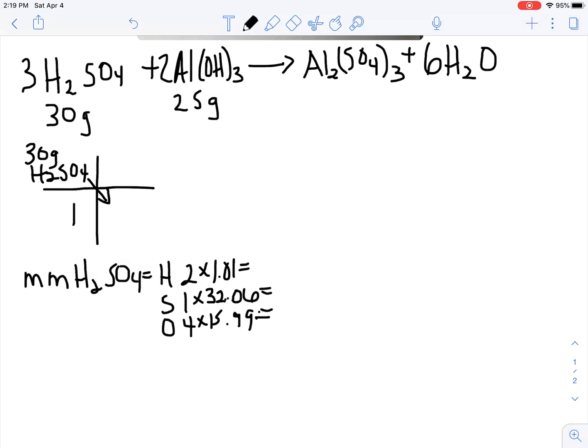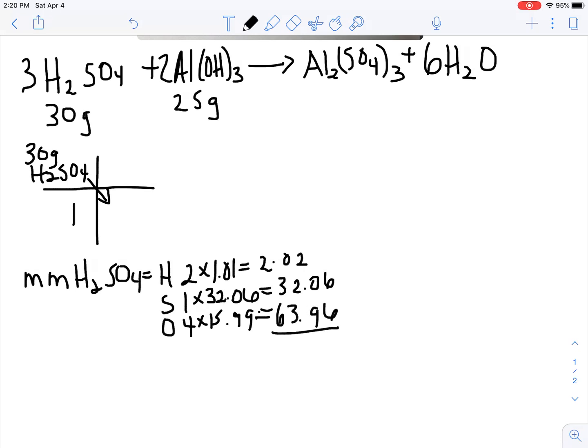Two times 1.01 is 2.02. 1 times 32.06 is 32.06. And then 4 times 15.99 is 63.96.